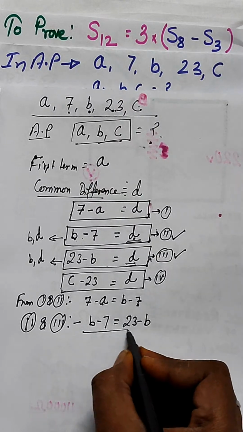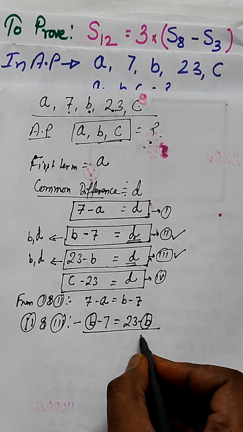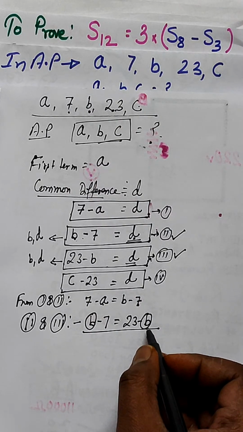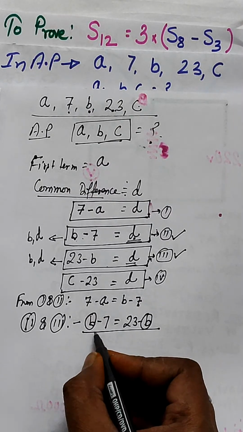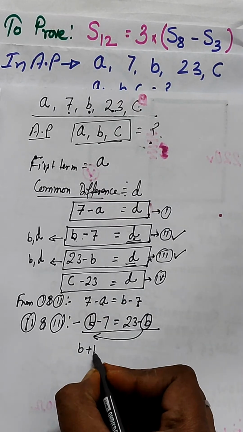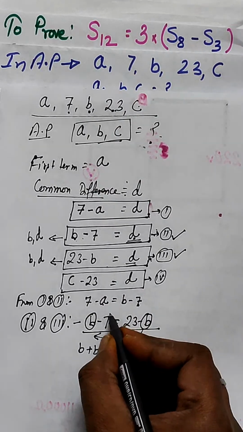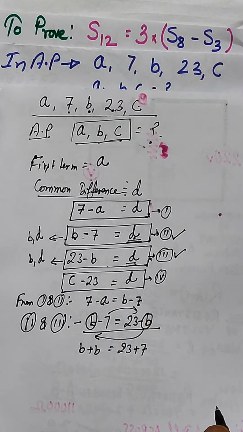So observe it very clearly, only one variable is left with us and D is eliminated, right? So we can write, bring B over here, we get B plus B equal to 23 plus 7, because 7 is also going to the RHS, right?